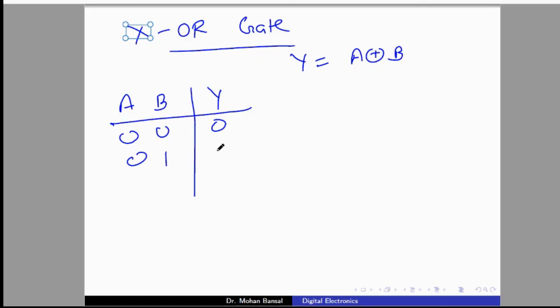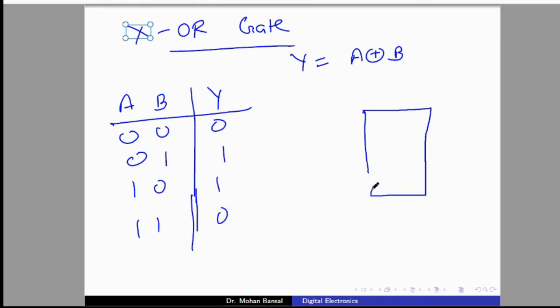For 0, 1, output is 1. For 1, 0, output is 1. For 1, 1, output is 0. So this is the truth table for the XOR gate, and we know for an odd number of inputs high, output will be high. So first, selection of the select line: s equal to A. A is our select line.